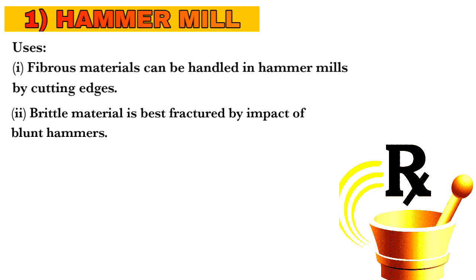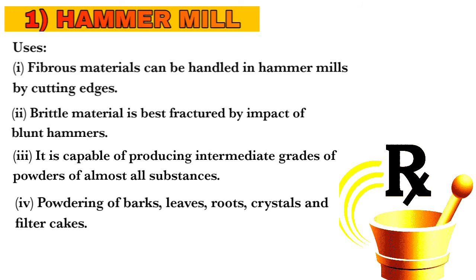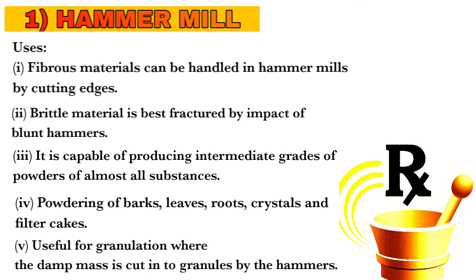Brittle material is best fractured by the impact of blunt hammers. It is capable of producing intermediate grades of powders of almost all the substances. Powdering of barks, leaves, roots, crystals, and filter cakes. It is useful for granulation, where the damp mass is cut into granules by the hammers.